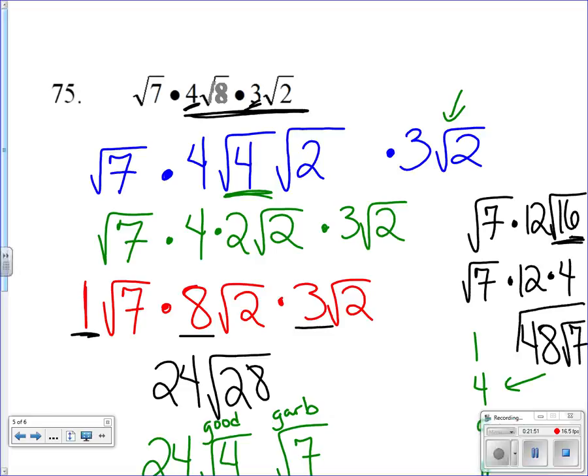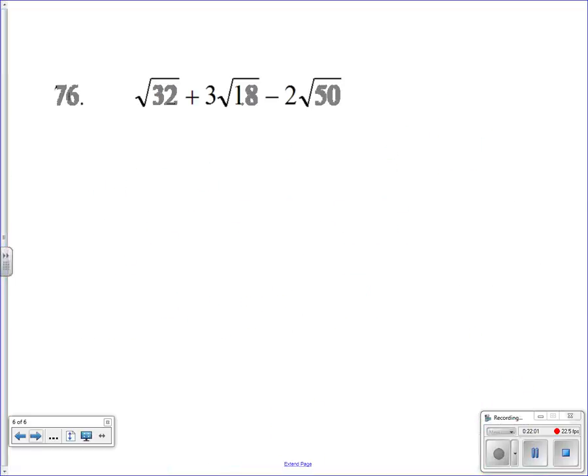Moving on to the last one, 76. We're going to go ahead and start out by doing good and garbage for every single one. But actually, let's start out by doing our list. So 1, 4, 9, 16, 25, and that should do it. Square root of 32, we can divide that evenly by 16.